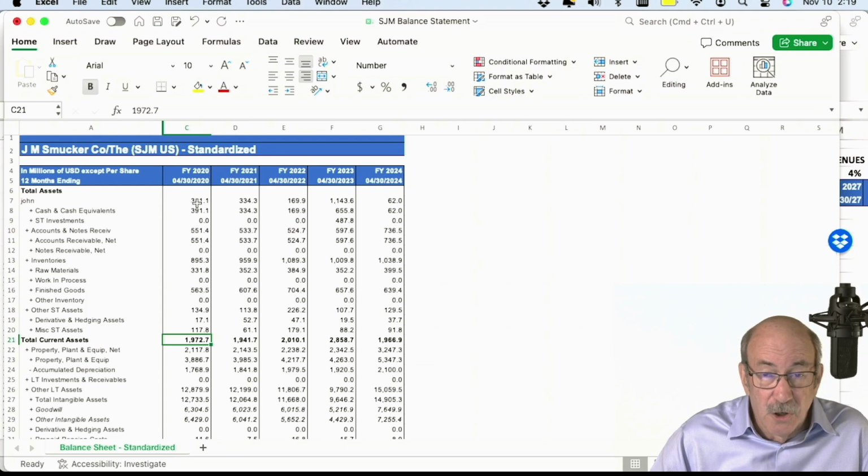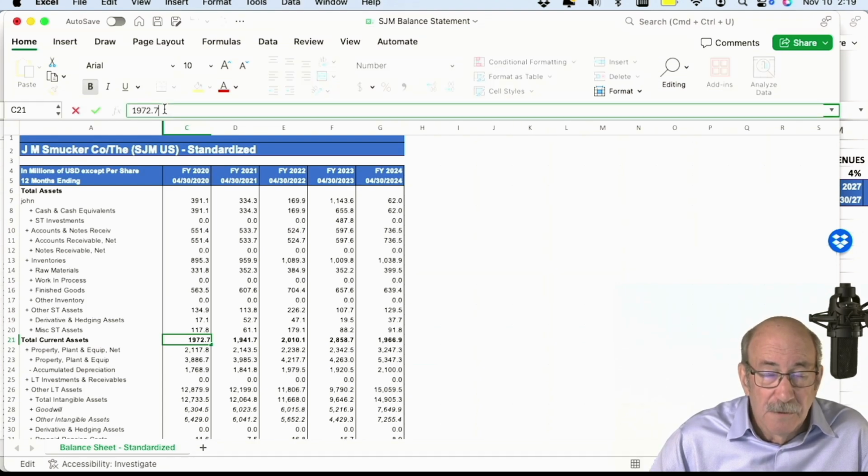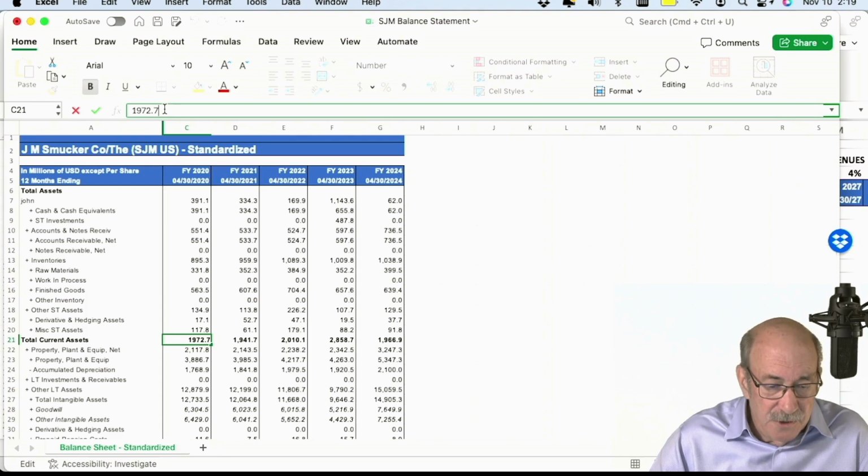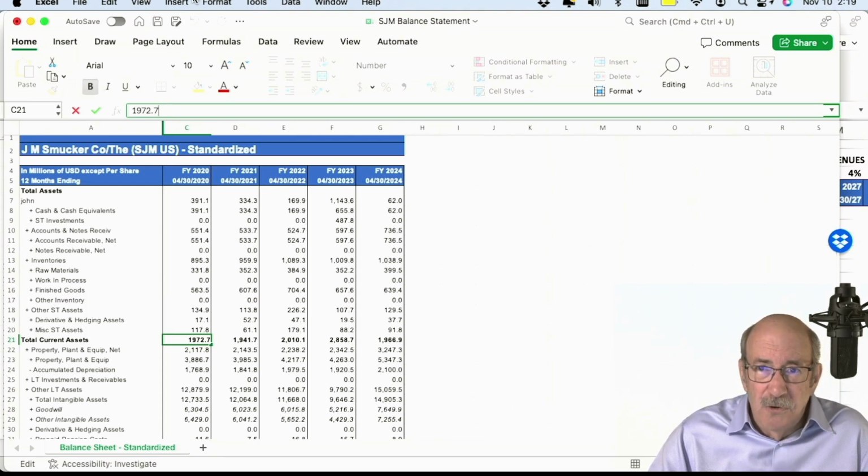Under total current assets, it's just a value, right? And if you didn't do anything, you could just keep it moving just like you do with the other accounts. The problem is that if you don't code this a little differently, and you make some other changes up above the total current assets part of the balance sheet, it may not be reflected down here.